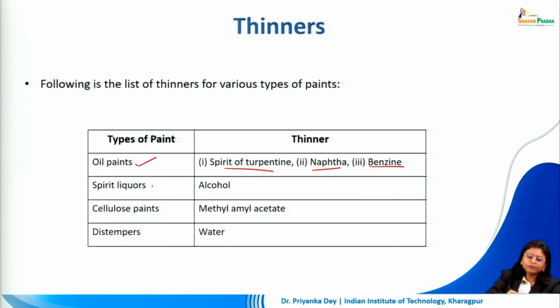If we are going for spirit liquors, we want to use alcohol as a thinner. For cellulose paints, methyl amyl acetate is a good thinner choice. For distempers, we will of course learn distempering in detail today. So distempers use water as a thinner.